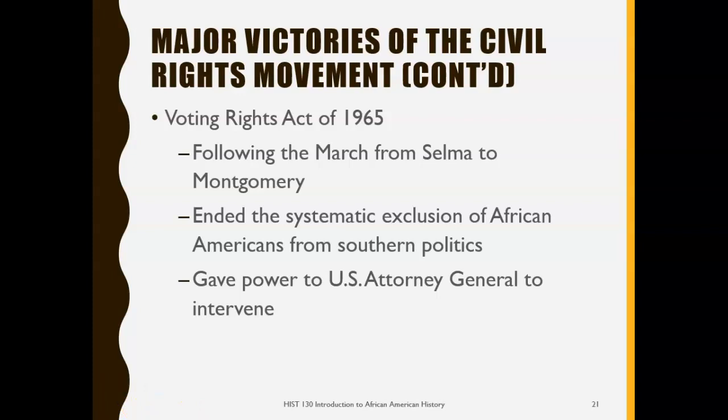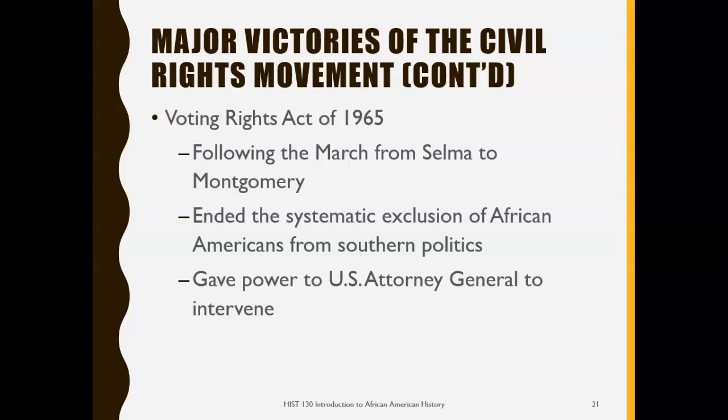Finally, concerning the disfranchisement of African Americans, Congress passed the Voting Rights Act of 1965, and this followed the march from Selma to Montgomery, Alabama. So this Voting Rights Act ended the systematic exclusion of African Americans from Southern politics.